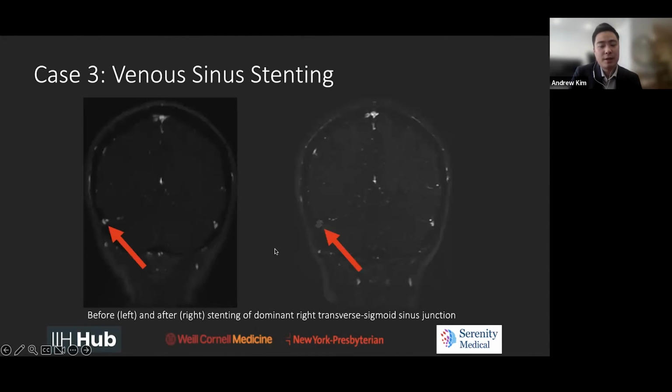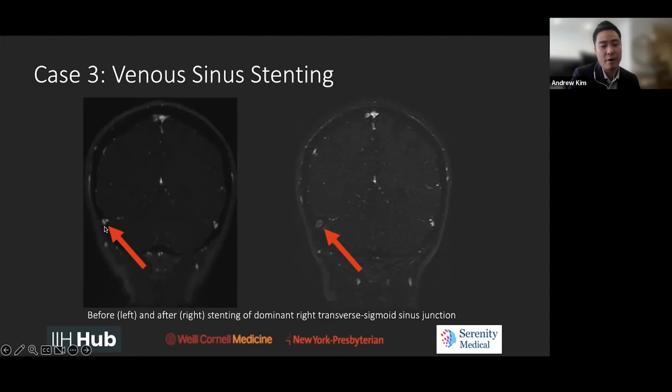And here's a nice example of MRV imaging taken pre-stent and post-stent. So the left is before stenting, and the right-sided imaging is after stenting. And this is in the coronal plane. You can see that the patient's right transverse sigmoid junction is on the left side of the image, and the arrow is pointing here towards what I want to draw your attention to, the more curvilinear appearance of that bright signal right here.